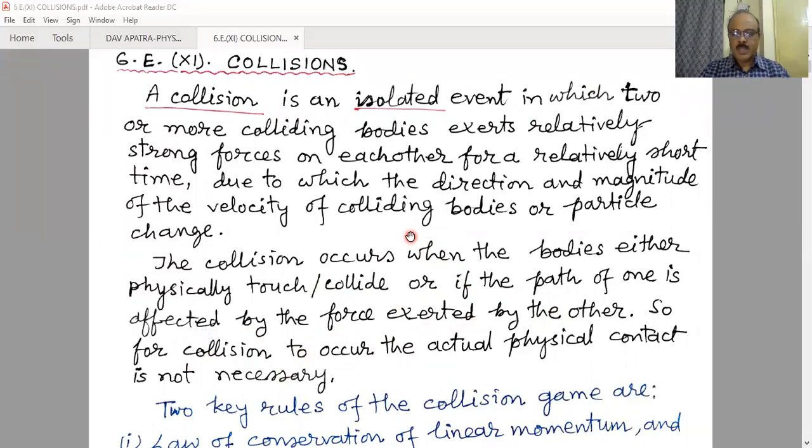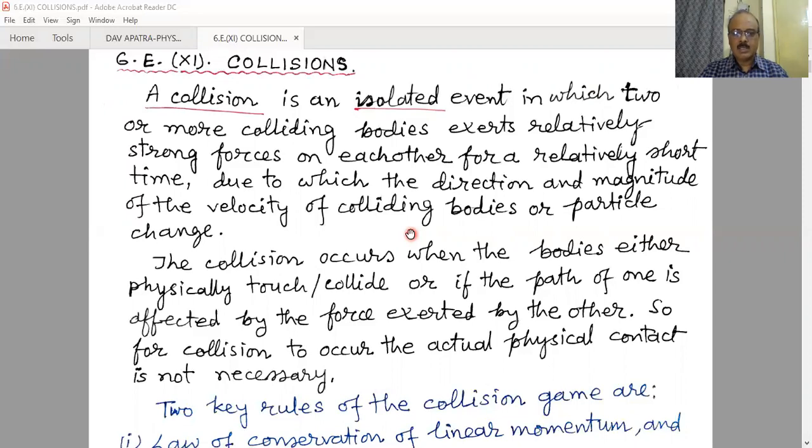Another point is, it is not necessary that two colliding objects come in physical contact with each other. In our daily life, for example in the case of an accident, we observe that two colliding objects come in contact with each other, and that is also a collision. But in some cases, especially atomic and subatomic particles, there is the alpha ray scattering experiment given by Rutherford.